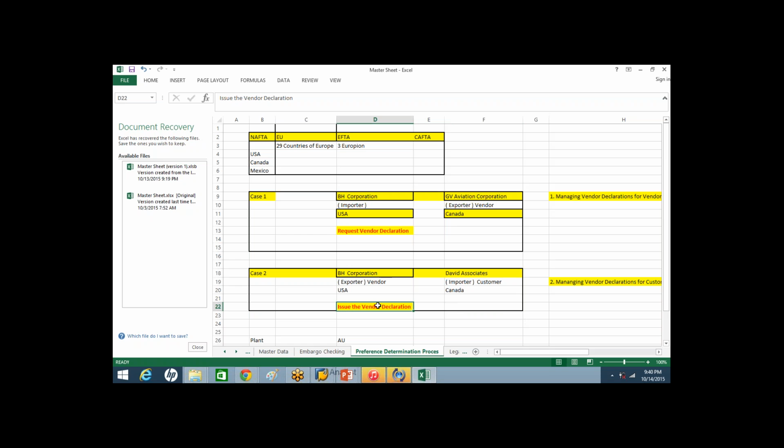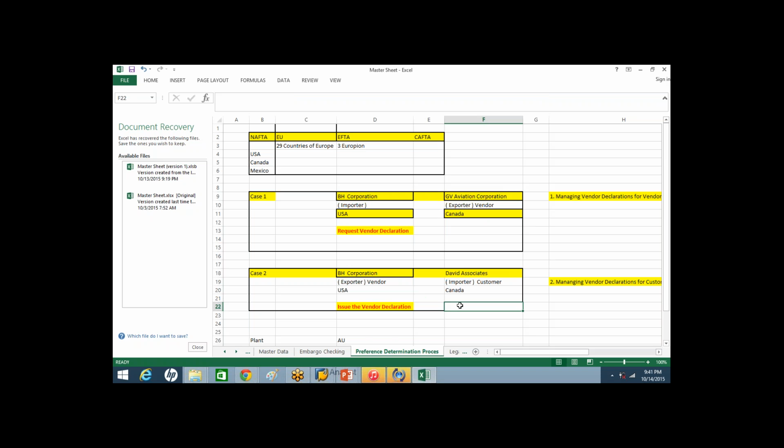Whenever Bell Helicopters is importing something from Canadian vendors, they need to request the vendor declaration from their vendors. But in the second case, whenever Bell Helicopters is exporting something to the customer in the same preference zone, David Associates, then these people need to issue the vendor declaration.